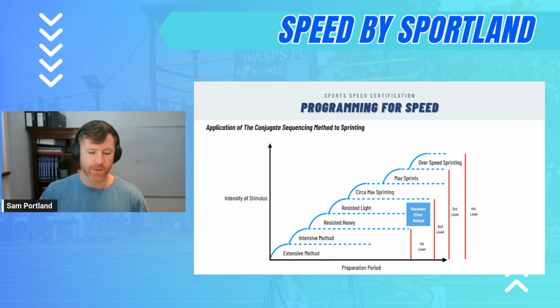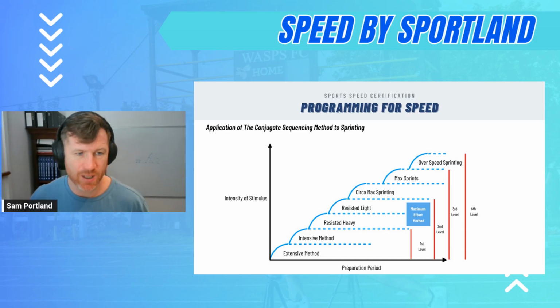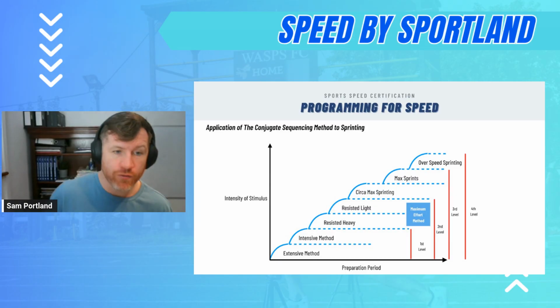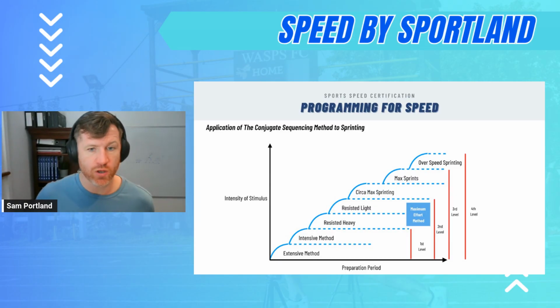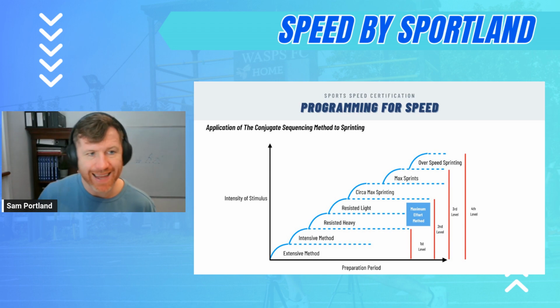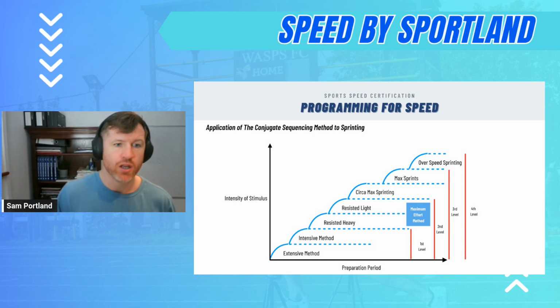I'll say that again. The metric that we are chasing is speed, and we chase intensity within that metric, speed. So a slower, heavier acceleration is less intense than a lighter, faster one. And that's what you've got to be working towards.